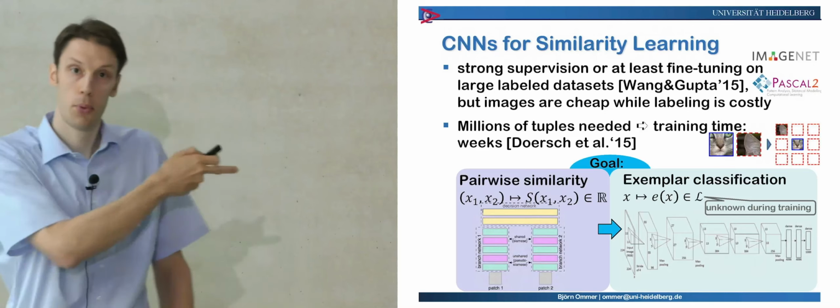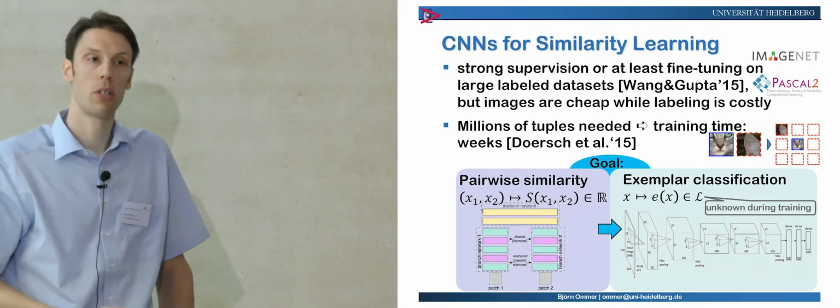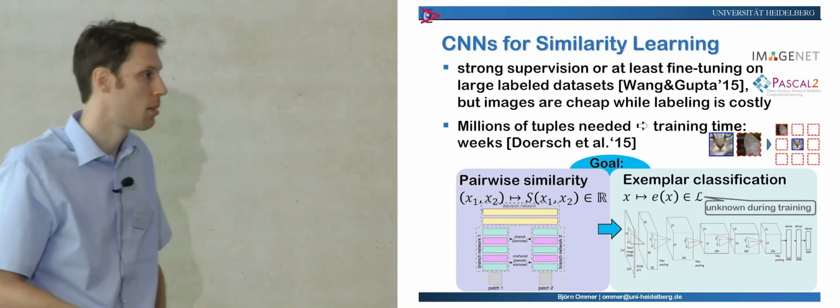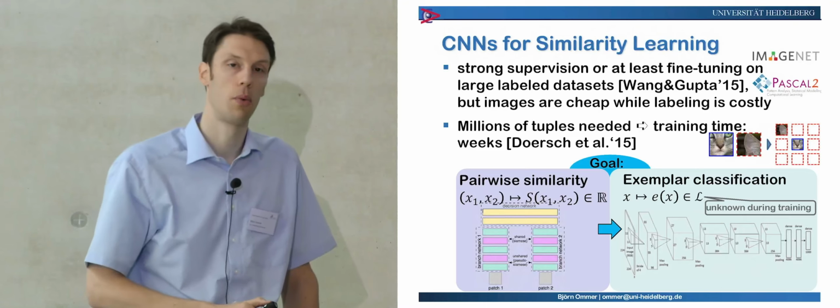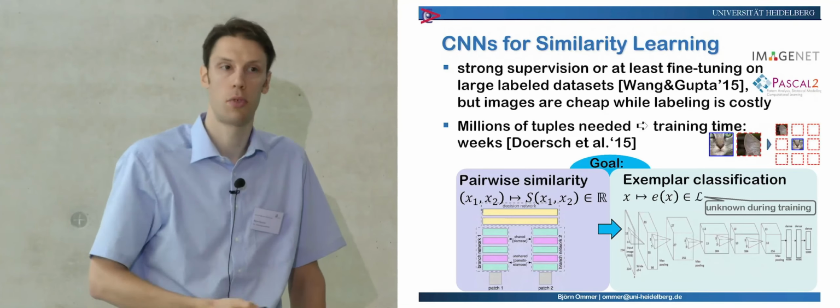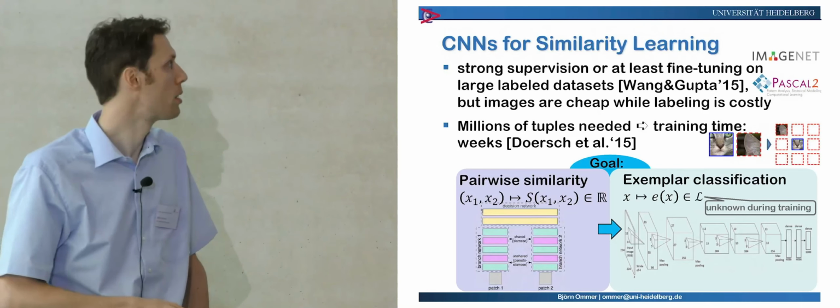Now, an approach to actually learn such a classification problem without labels is obviously the exemplar-based approach. There you just need a single positive, lots of negatives we can always have, but just a single positive. For a single positive, you don't need a label, right? It's just a single positive.